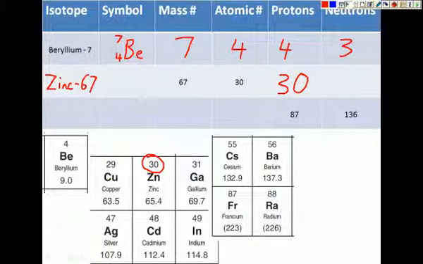The symbol then is Zn, and at the bottom is the atomic number, and on the top is the mass number. The difference between the protons and the mass number is the neutrons, and that is 37 neutrons.